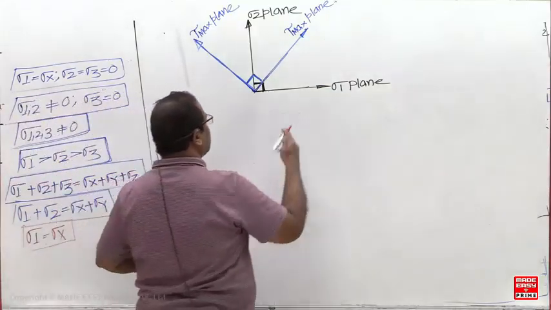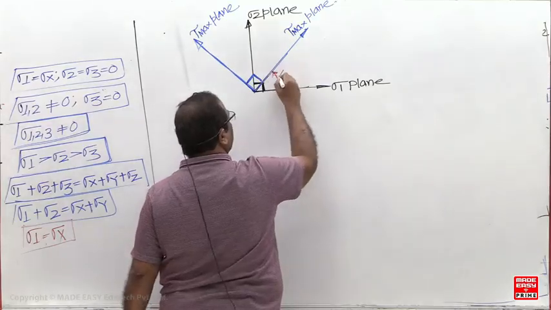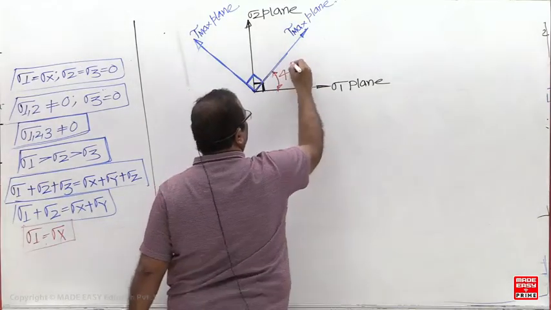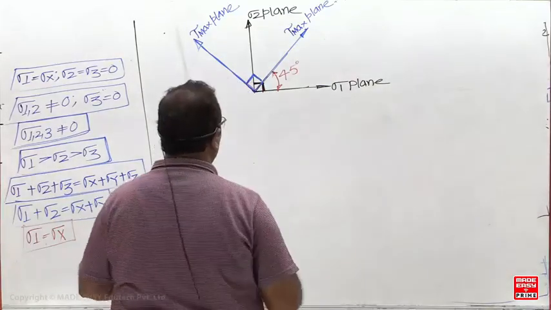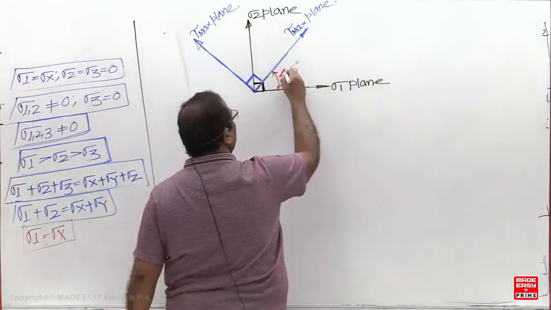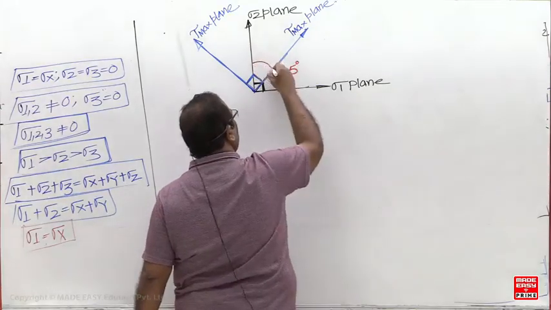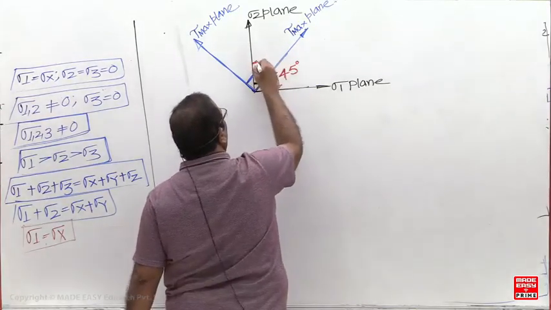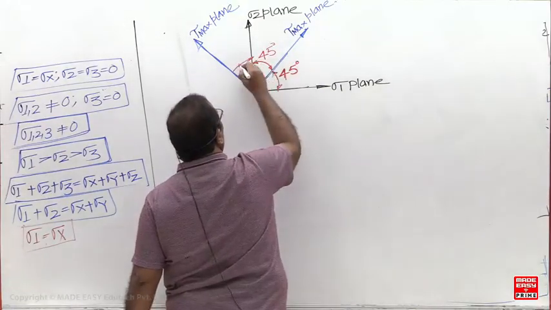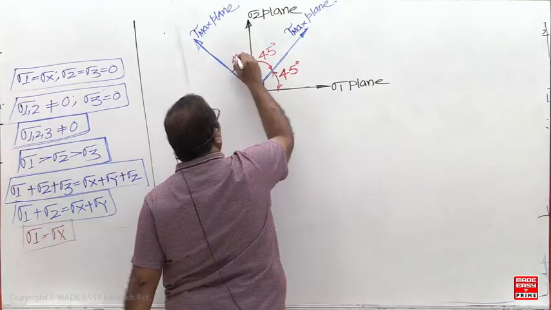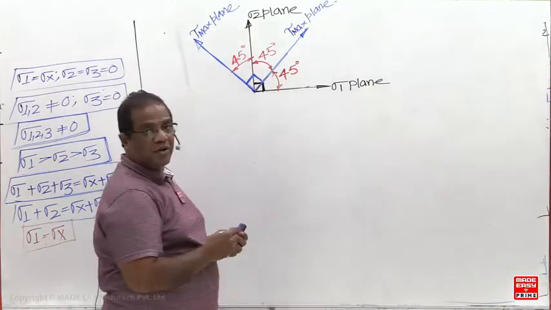Now what is the angle between these two planes? 45.